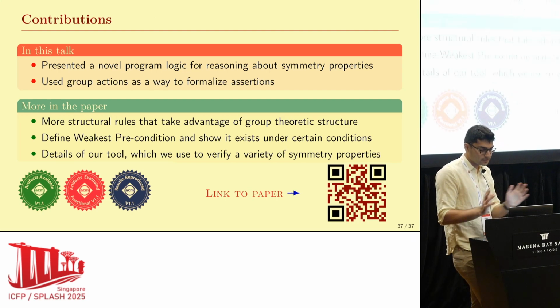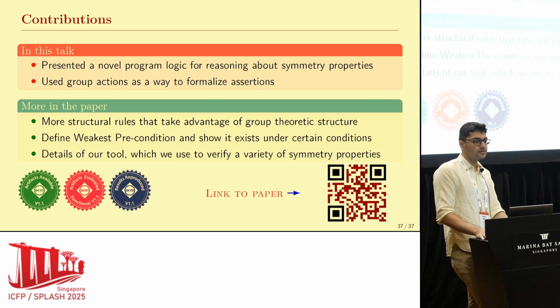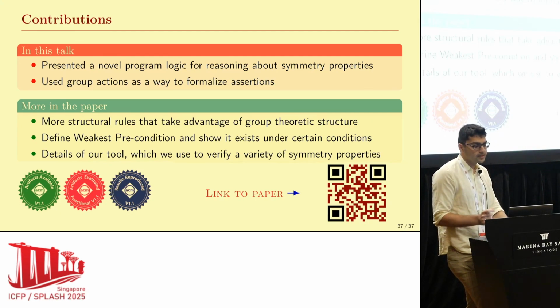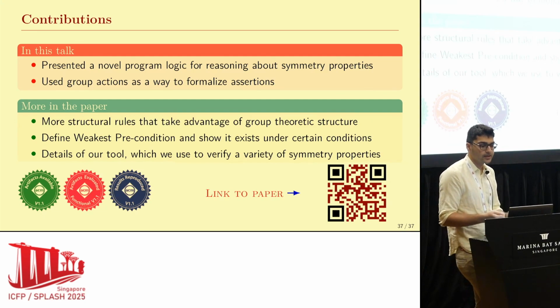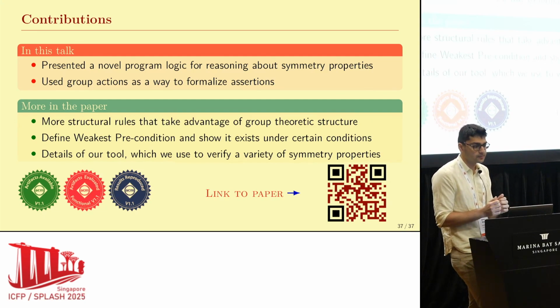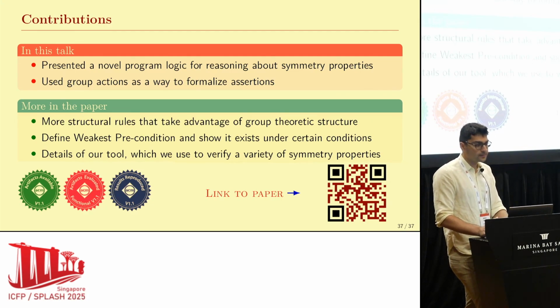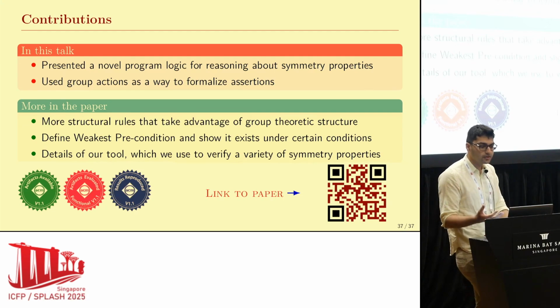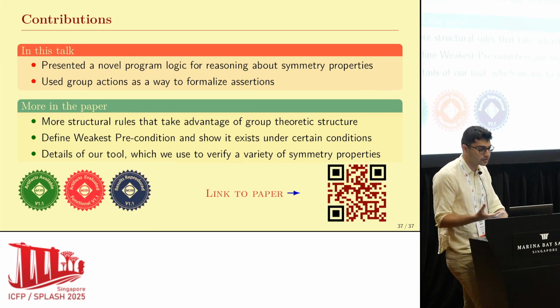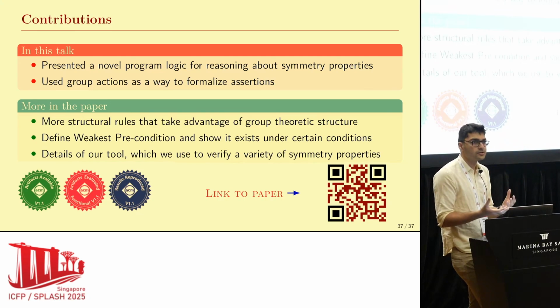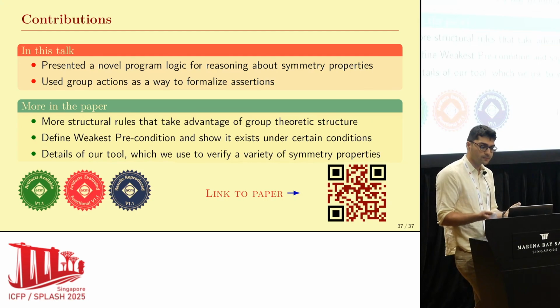And so just wrapping up, in this talk, I presented a novel program logic for reasoning about symmetry properties. The key insight was we use group actions as a way to formalize assertions, allowing us to express many transformations in one go. There's lots more in the paper. There's lots of structural rules that take advantage of group theoretic structure. Groups have a lot of mathematical structure that we're able to exploit to have some interesting structural rules using group products.